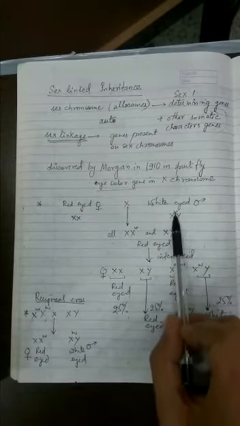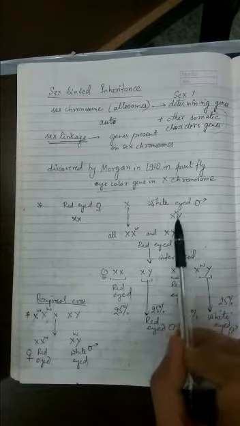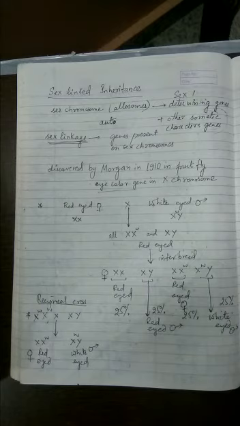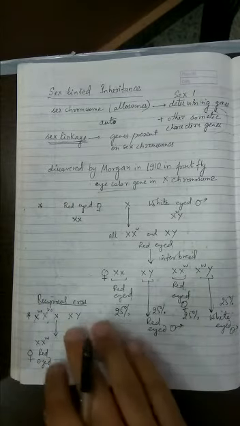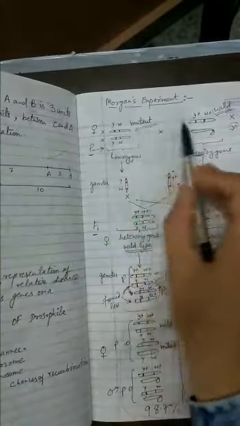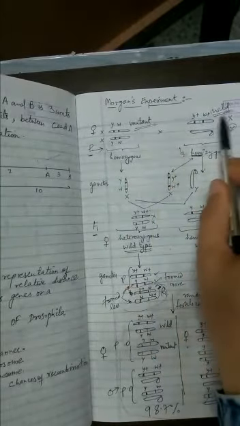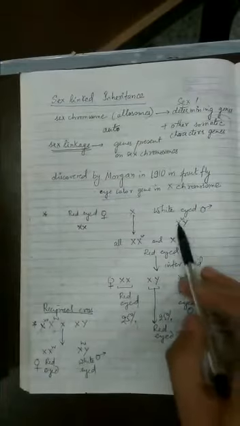Here it's a white eye color, so W is mentioned here. Remember, Morgan started the concept of using symbols for the recessive form, the mutant form, and plus with the same symbol will be used for the dominant or the wild form. So this is the white-eyed one.